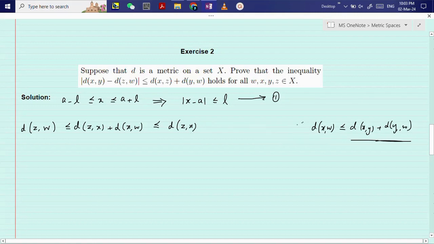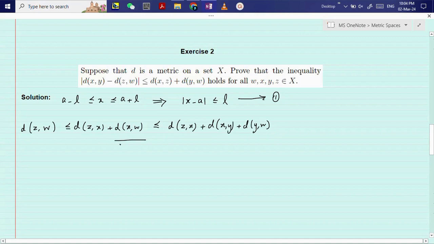So it means that the whole expression d(z,x) + d(x,w) is less than or equal to d(z,x) + d(x,y) + d(y,w), because we apply the triangle inequality on d(x,w).